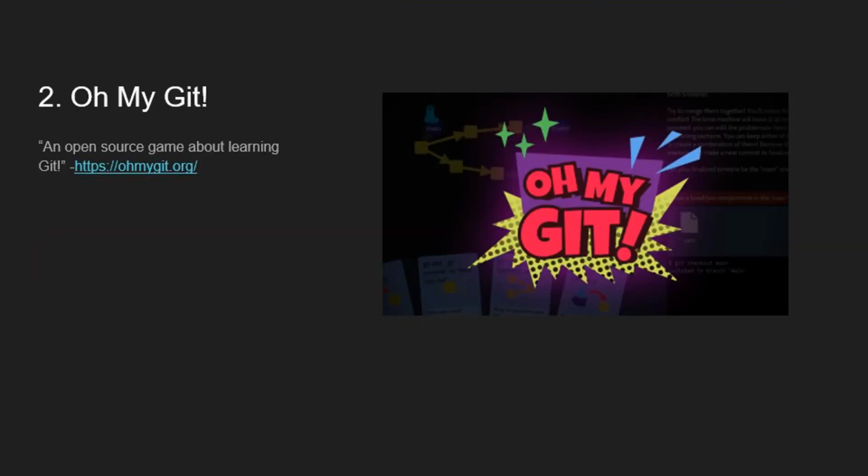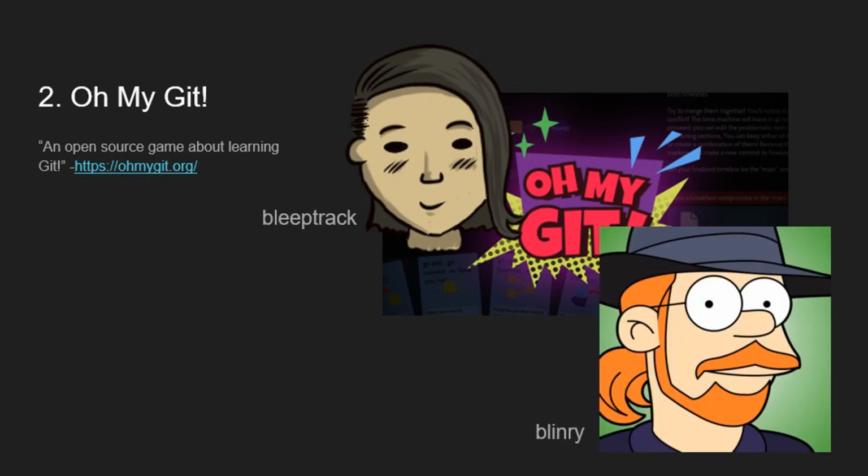Number 2, Oh My Git. Oh My Git is similar to Learn Git Branching, in that it visualizes the effects of Git commands, but unlike Learn Git Branching, the creators Bleeptrack and Blinry packaged it as a game rather than just an educational tool.